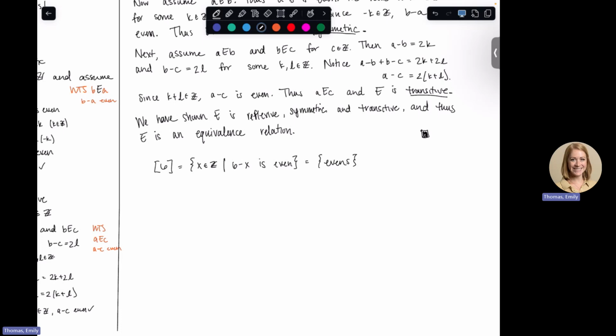So what's not been included in an equivalence class yet? Great, 71. So this is going to be the set of all integers where 71 minus x is even. And what are things that are going to make that true? All of the odd numbers.